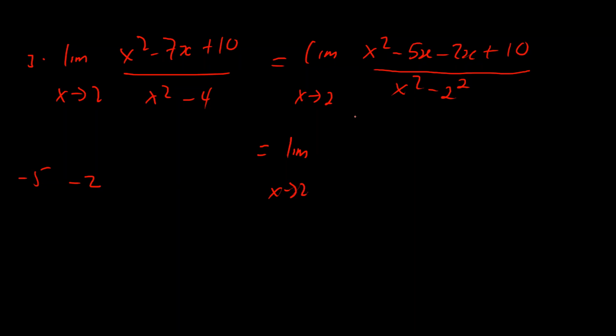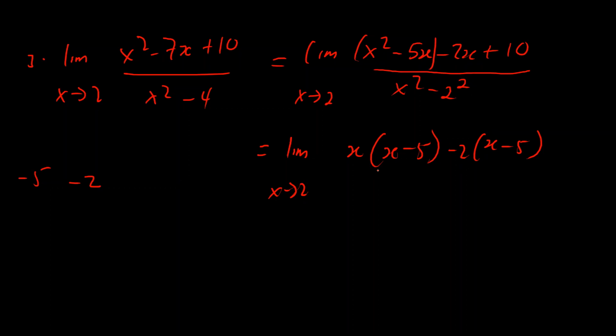Now in the numerator, if we factorize x out, we are going to have x minus 5. And here, if we factorize negative 2 out, we are going to have x minus 5.